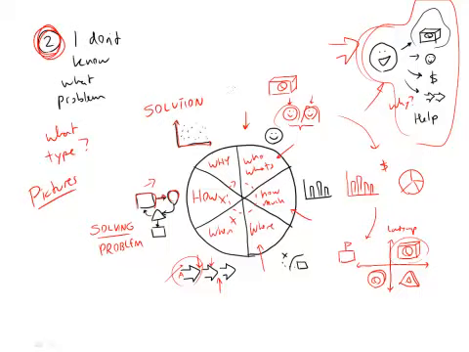So that's the second way to use the 6x6. And in this case, I do like it, and I do strongly recommend that we use this almost in a formulaic way. We literally always start with slice number 1. When we've got a fuzzy problem, just identify who's involved and what does it look like. And then change the way we think about it and say, let's identify some numbers around it.